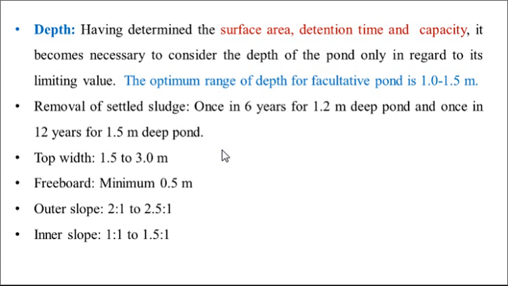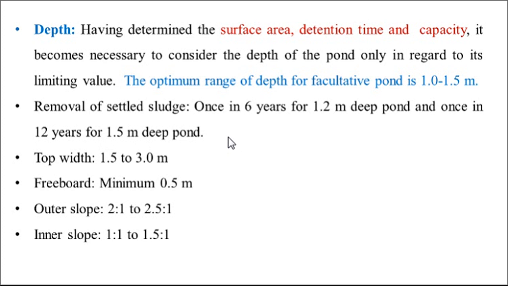The optimum range of depth for the facultative pond is 1 meter to 1.5 meter. For removal of settled sludge once in 6 years, a depth of 1.2 meter for the pond is provided, and when the removal of sludge is after 12 years, then the depth may be kept as 1.5 meter.